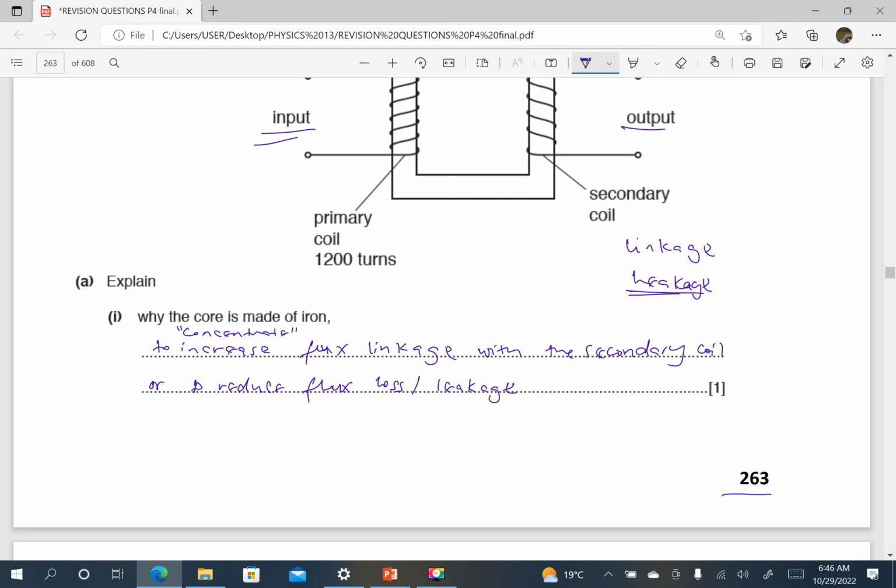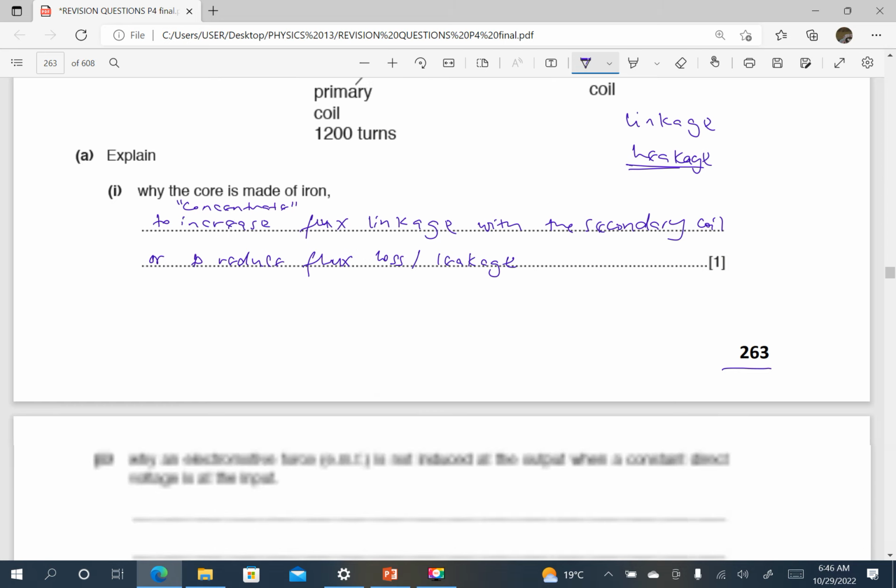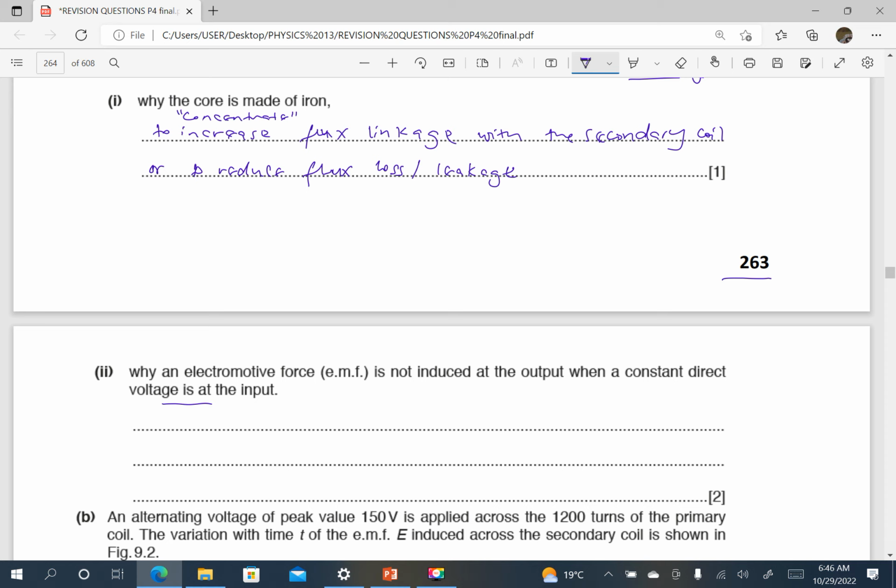We know that an EMF is only induced when flux in the core is changing according to Faraday's law, because the EMF induced is directly proportional to the rate of change of magnetic flux linkage. If the flux is not changing, then there will be no EMF induced.